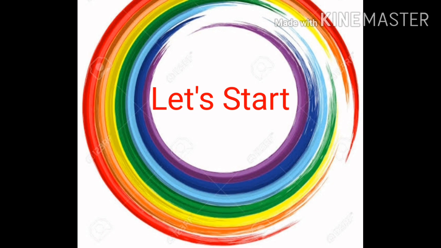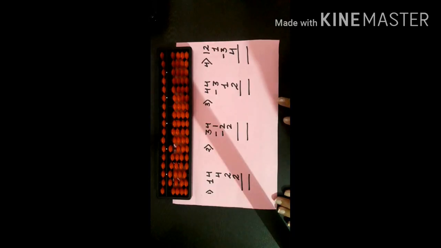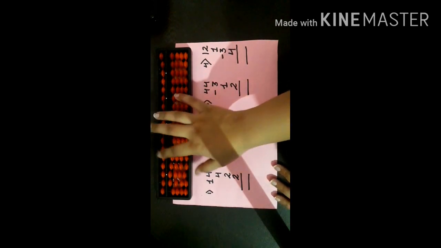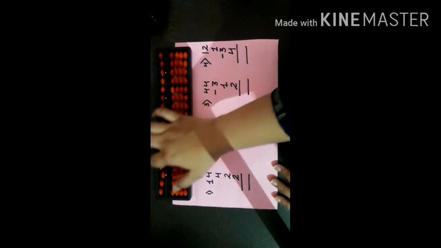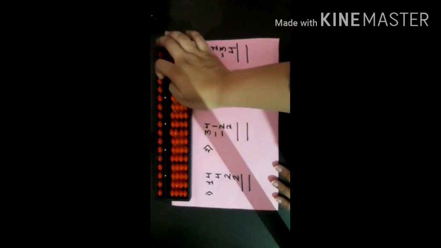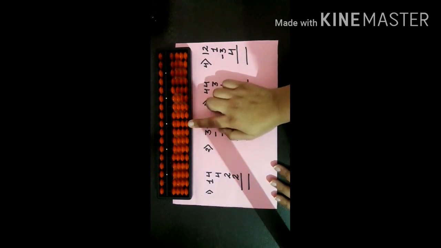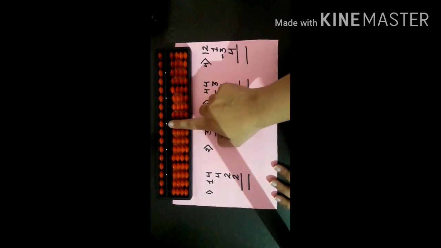So let's start doing practically. Students, as you can see in front of you, one abacus tool is there and 4 sums I have written on this paper. Our today's topic is sums in units rod and tens rod in lower beads.